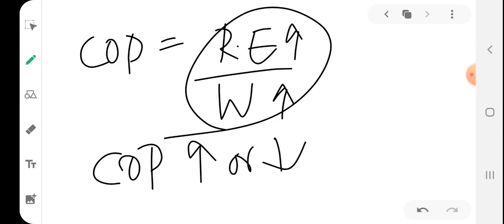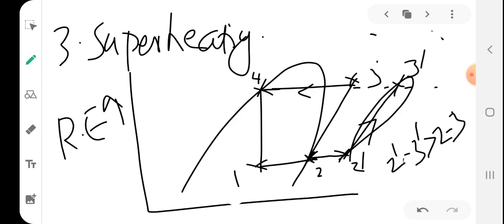But if the increase in refrigerating effect is more compared to W, COP may increase. So it is not predictable. It depends upon the situation. Try to understand that even though refrigerating effect is increased, the work required in the compressor also increases. So that is the problem.